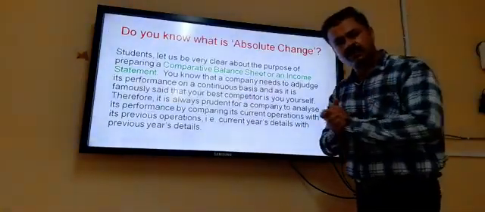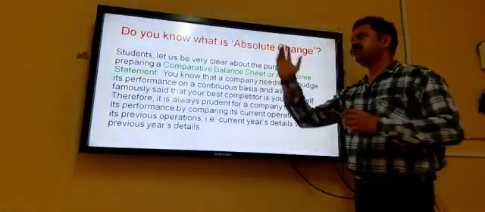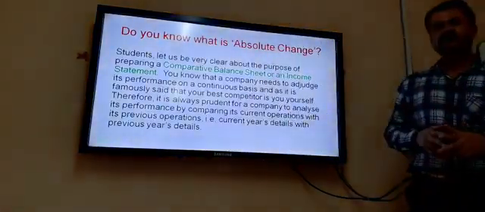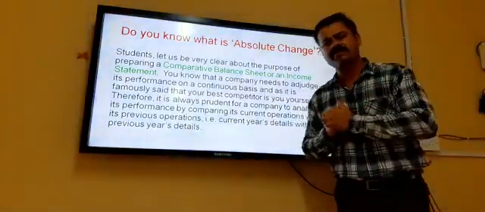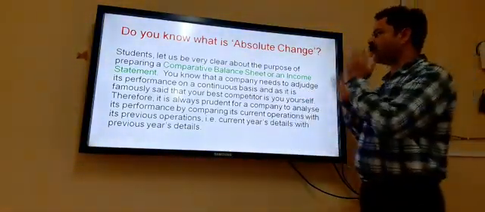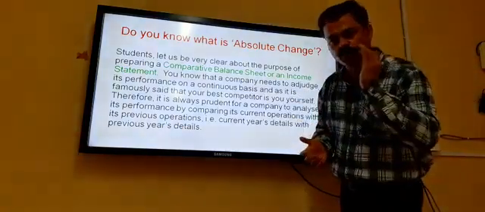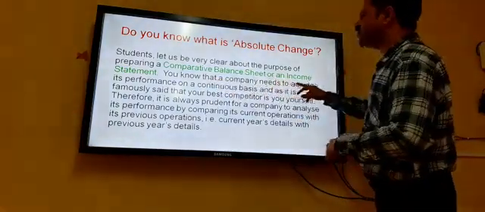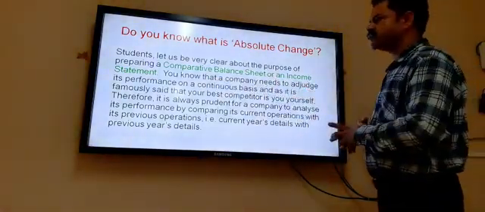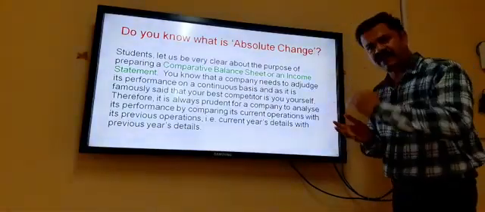So do you know what is absolute change? Okay, students, let us be very clear about the purpose of preparing a comparative balance sheet or an income statement. The purpose should be clear. You know that a company needs to judge its performance on a continuous basis, regularly.